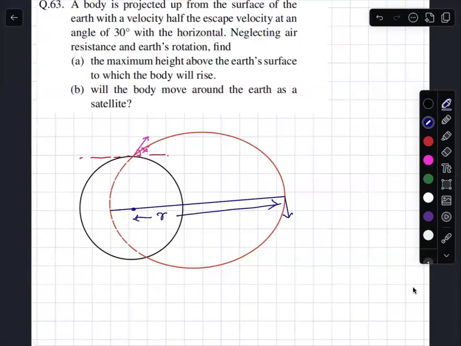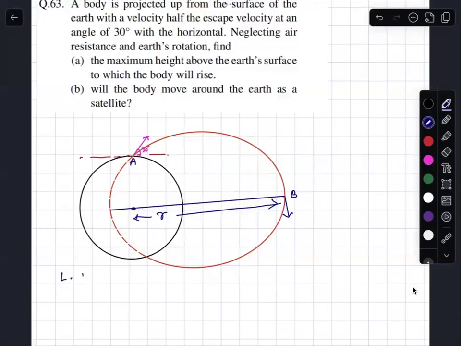Okay, now tell me any doubt till this point. Clear? Now, I think you got the point. This is point A and this is point B. You apply the law of conservation of angular momentum across these two points.